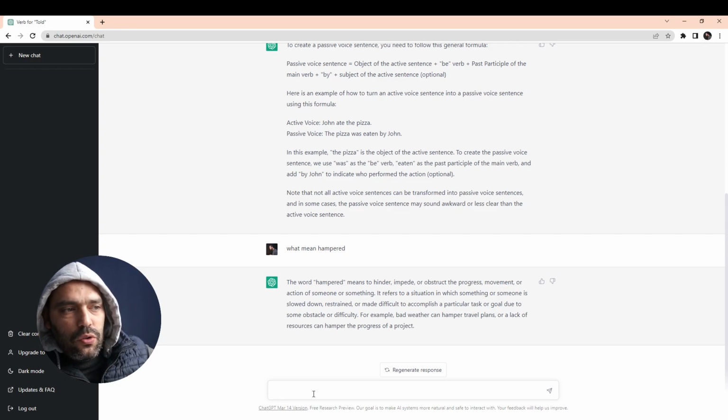It refers to a situation in which something or someone is slowed down, restrained, or made difficult to accomplish a particular task or goal due to some obstacle or difficulty. For example, bad weather can hamper travel plans, or a lack of resources can hamper the progress of a project.